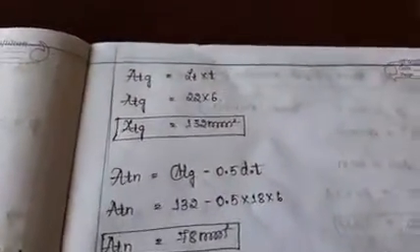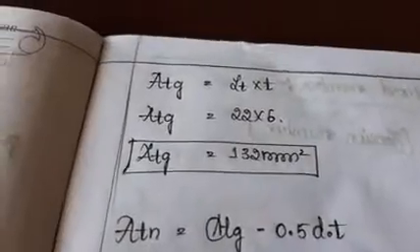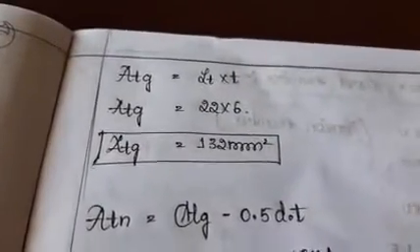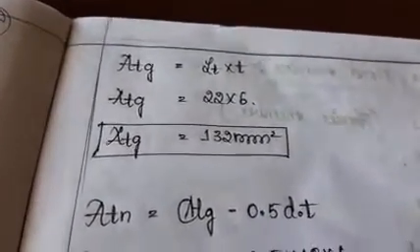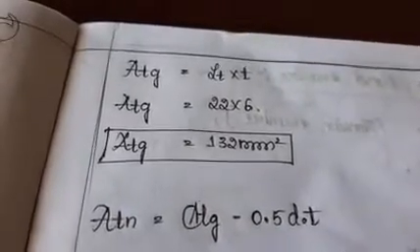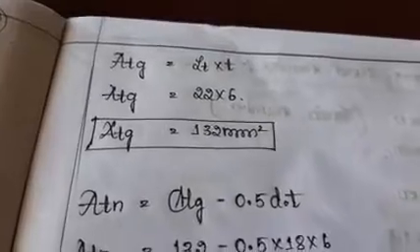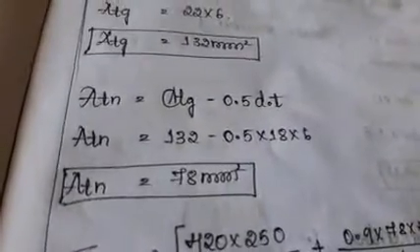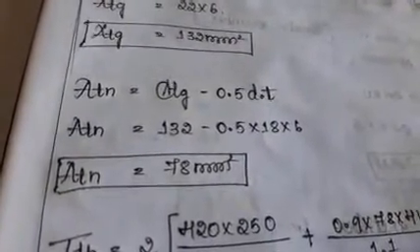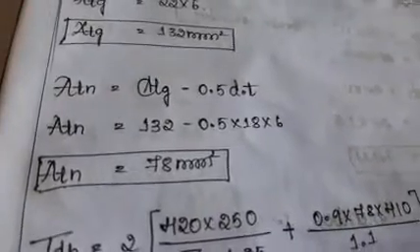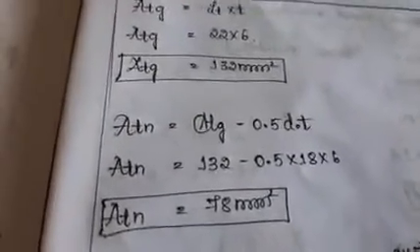Whereas your Atg is Lt into t. Lt is known already, that is 22, and 6 is the thickness. So your Atg value is 132 mm square. Coming to Atn, it equals Atg minus 0.5 times d0 into t. Remember this is standard.